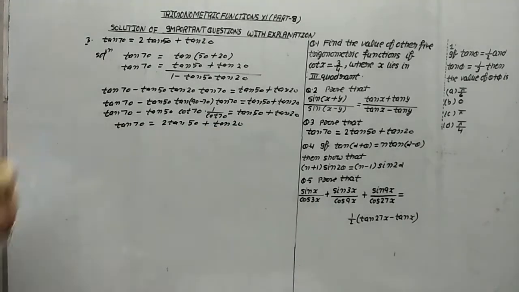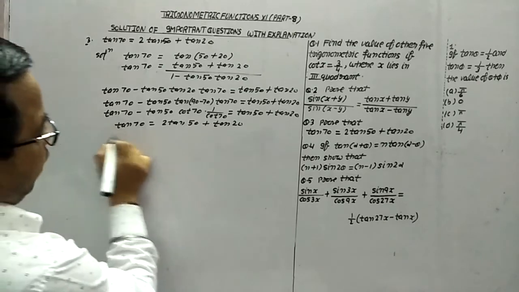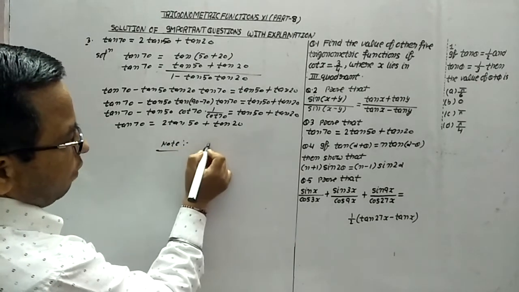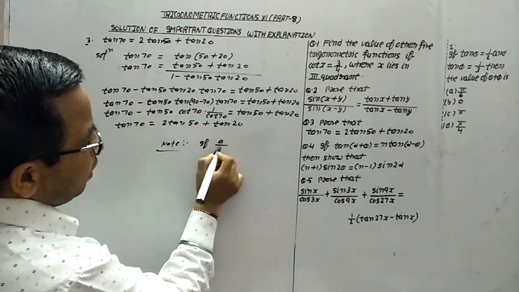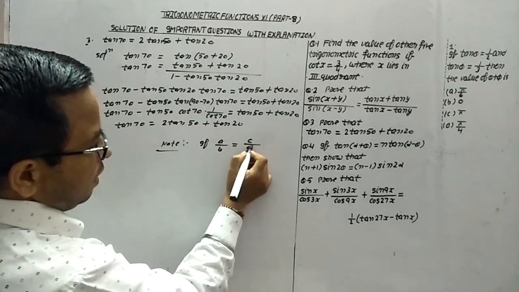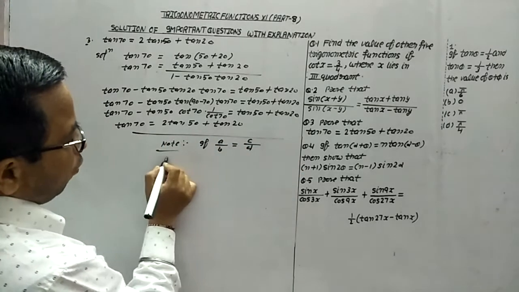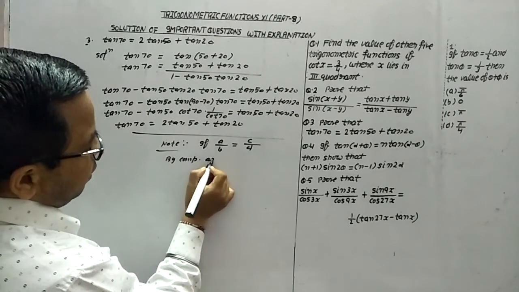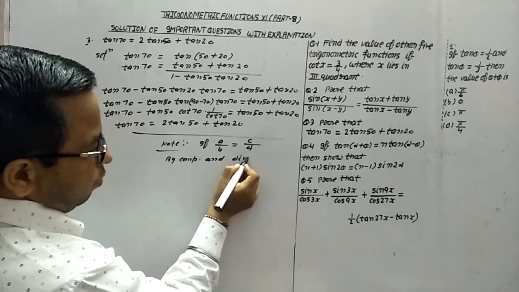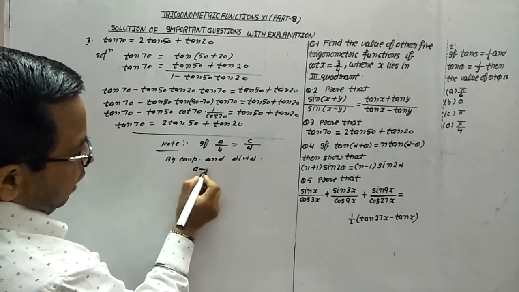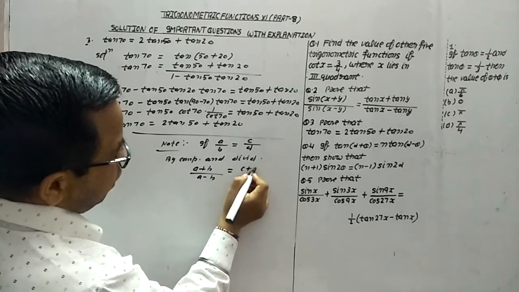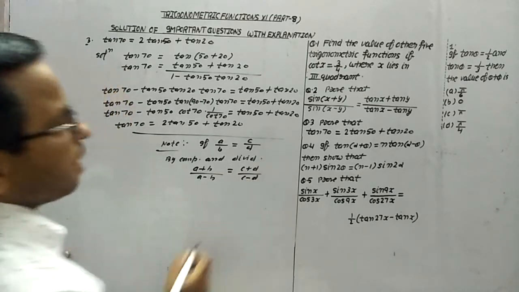This is the answer. Now to do the other question, look at this and remember this point. We know very well, if we have A upon B is equal to C upon D, then by componendo and dividendo the rule is: (A plus B) upon (A minus B) is equal to (C plus D) upon (C minus D).